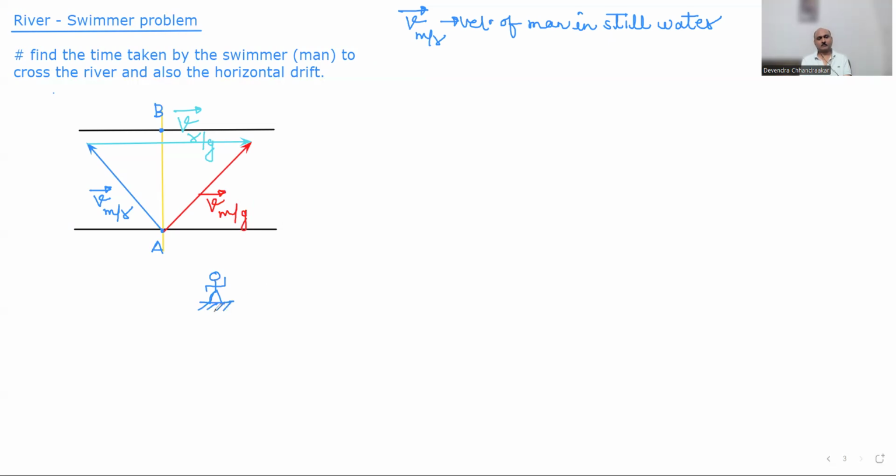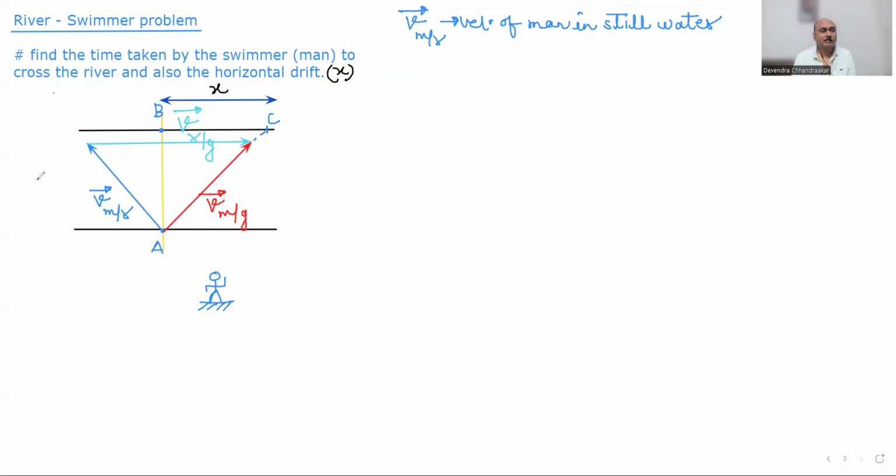This is the man who sees it moving from A to this point C. Did you understand? Yes, yes. This length BC is, sorry, not velocity, this is the horizontal drift. X is the horizontal drift, right?